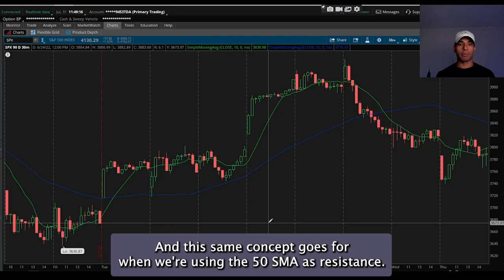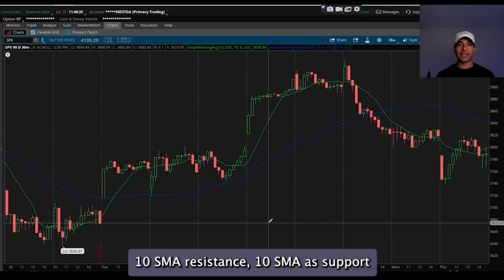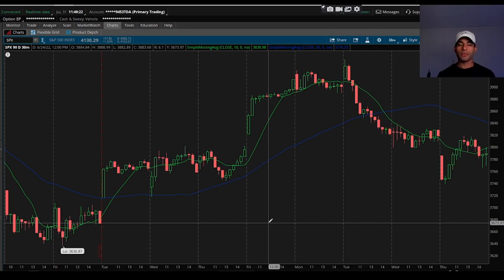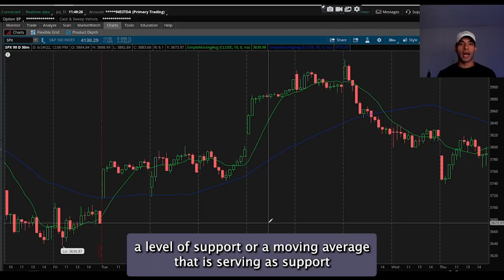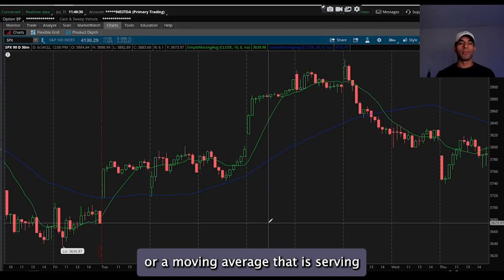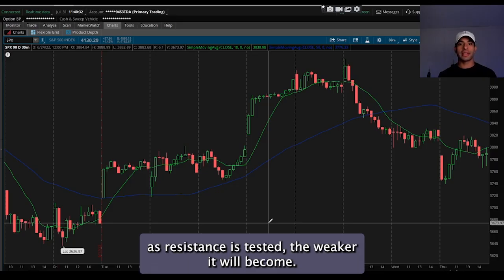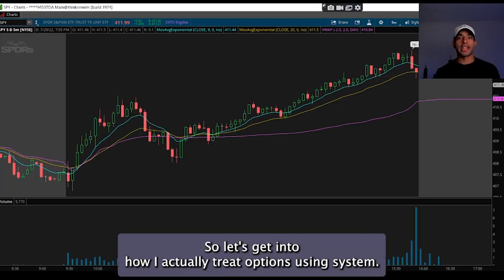And this same concept goes for when we're using the 50 SMA as resistance, 10 SMA as resistance, 10 SMA as support. Just a general concept that you must understand that the more often a level of support or a moving average that is serving as support or a moving average that is serving as resistance is tested, the weaker it will become.